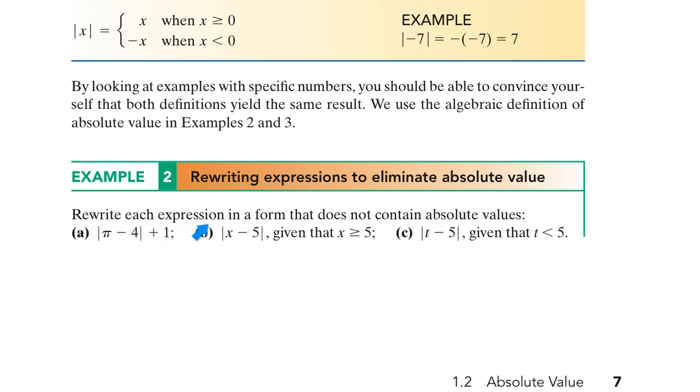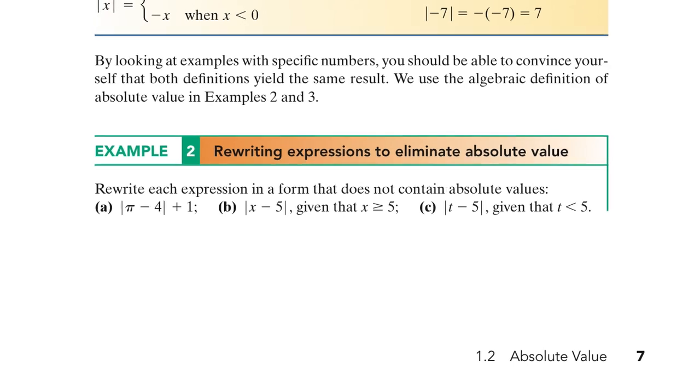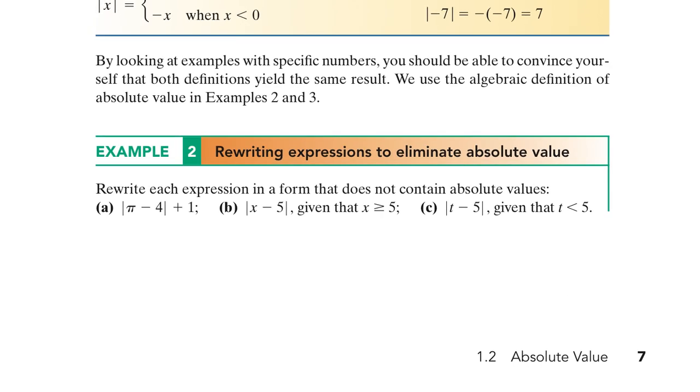So we're going to rewrite each of these in a form that does not contain absolute values. And the solutions are below. We can see here that our solutions are here, but I'm going to try to use this space to walk through this. We have the absolute value of pi minus 4. So what do we got there?